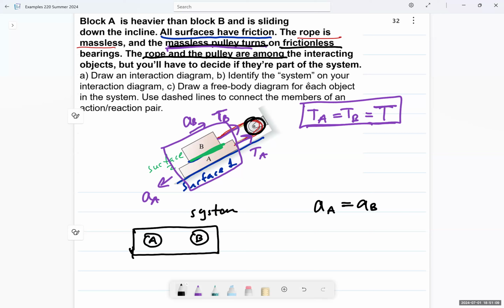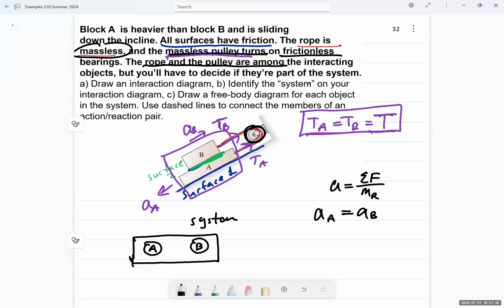But if I'm looking at the acceleration of the rope, with some net external force acting on the rope and I put the mass of the rope, we're told that the rope is massless. That means I can't find an acceleration if the rope is massless. Same thing with the pulley: if the pulley has no mass, it has no acceleration. But I have to say that the system has acceleration.